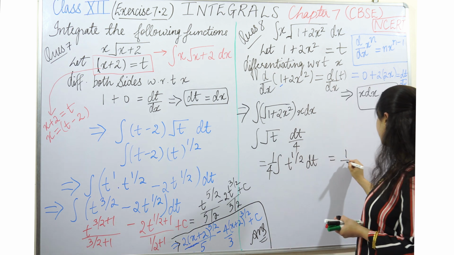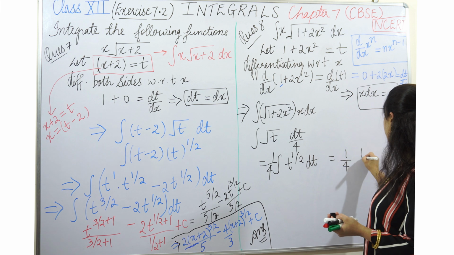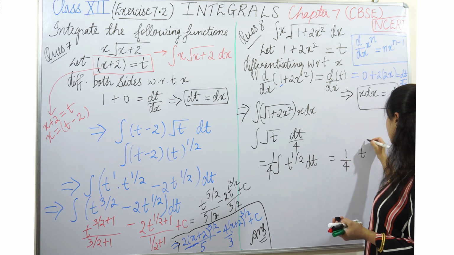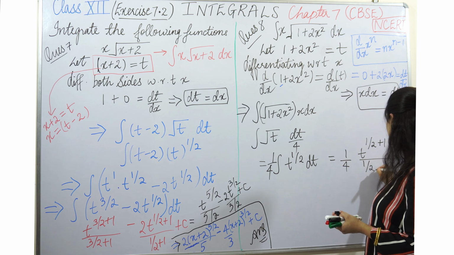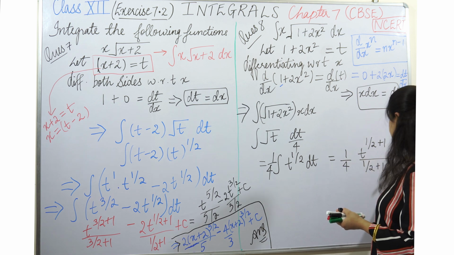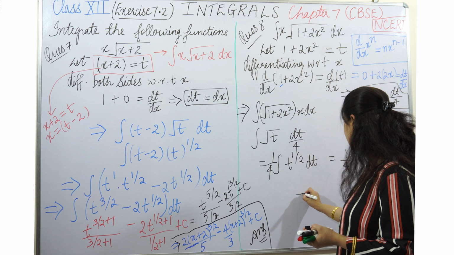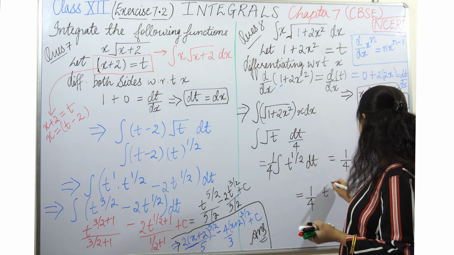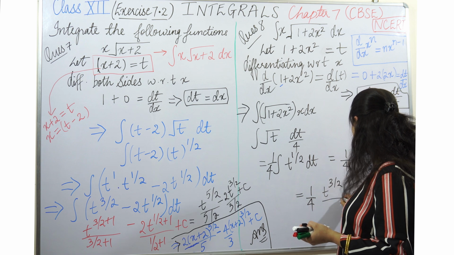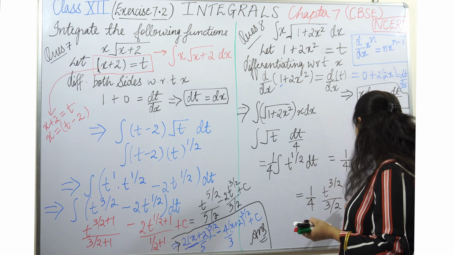So it will be 1 upon 4 t to the power 1 by 2 plus 1, upon 1 by 2 plus 1, plus c. So it will be 1 upon 4 t to the power 3 by 2 upon 3 by 2.